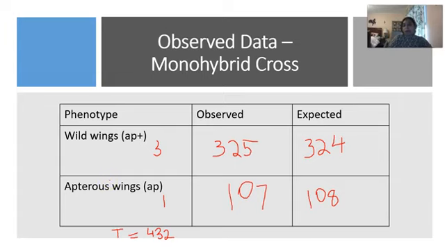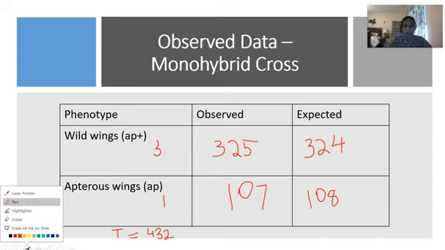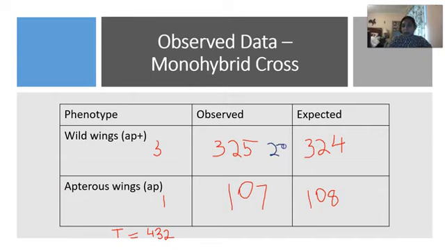Now let's say that in another experiment, another person observes the flies, and in their experiment they find 275 wild type and 25 of the apterous. So they find a total of 300 flies, out of which 275 are wild type and only 25 are apterous, right?